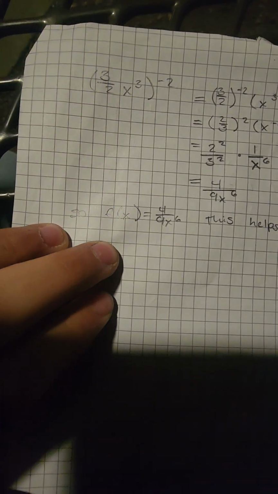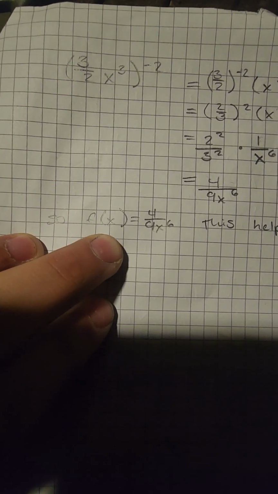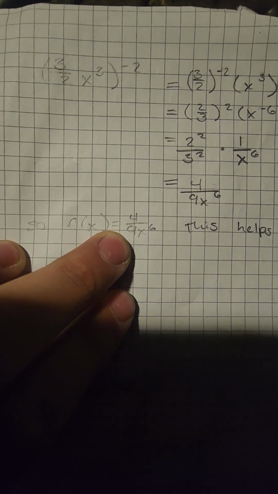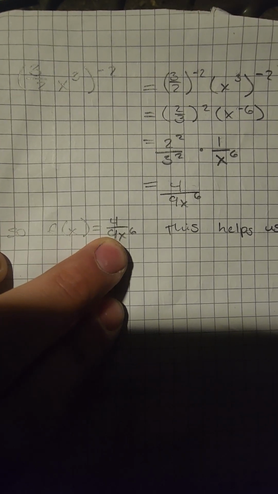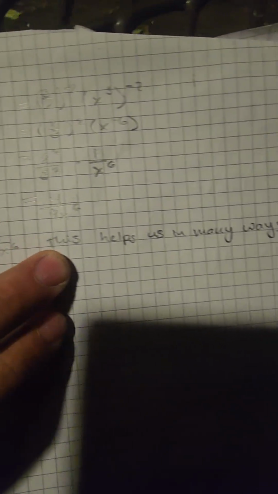So our final answer would be f(x) equals 4 over 9x to the power of 6. This helps us in many ways.